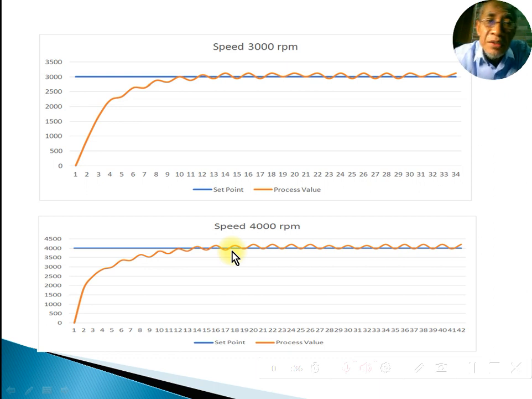And then it is very stable and reaches steady state very fast.